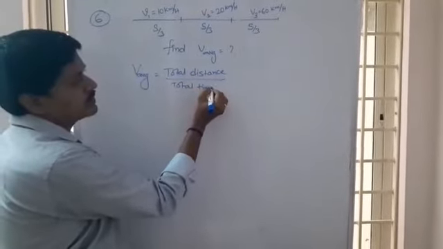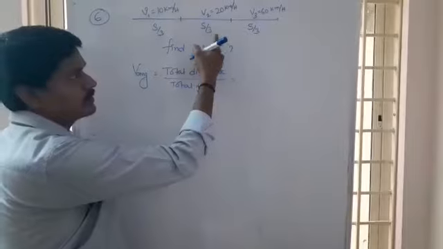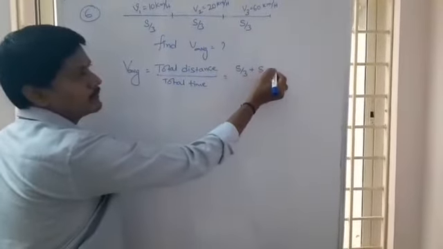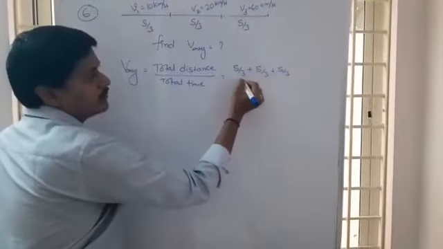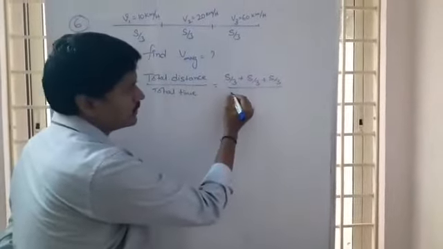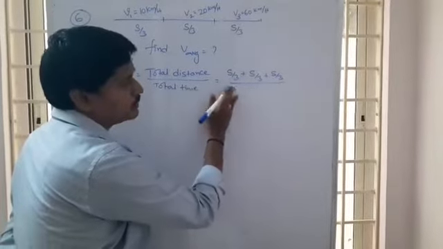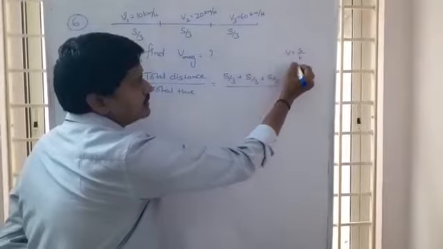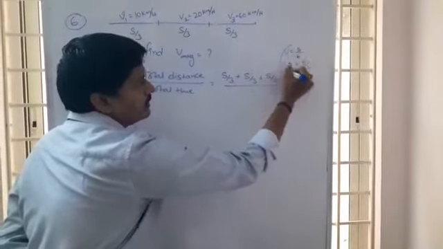So total distance is nothing but the first distance, second, third: s by 3 plus s by 3 plus s by 3, divided by the time values t1 plus t2 plus t3. V is equal to s by t, so from this t is equal to s by v.